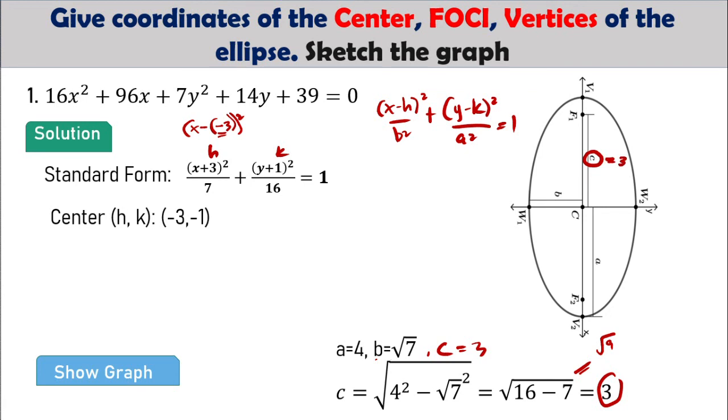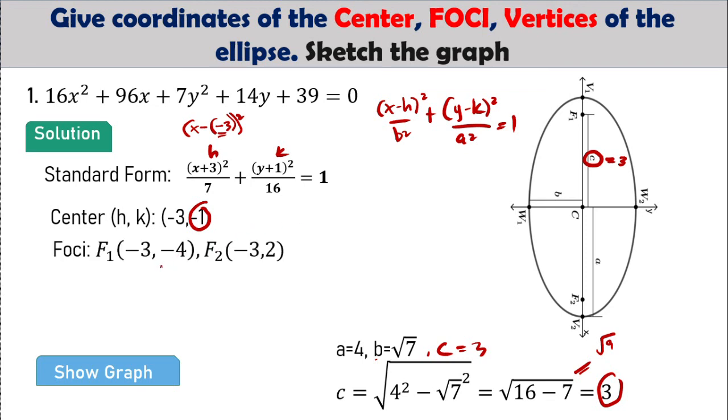This means that for focus number 1, we add 3 to the ordinate of the center, going up. Going down, we subtract the value of C, which is 3. Since the major axis is vertical.